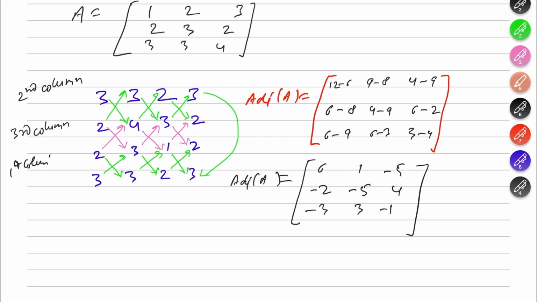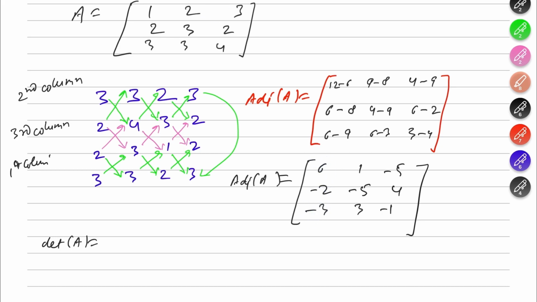And once we know the adjoint of the matrix, we can directly find the determinant. The determinant is also easy. If I want to find the determinant of A, I will take the row first with column 1.